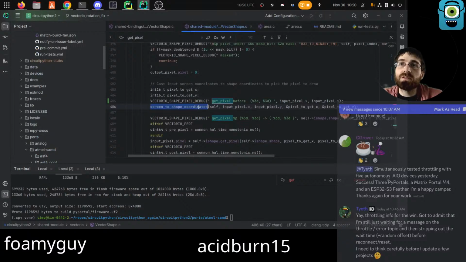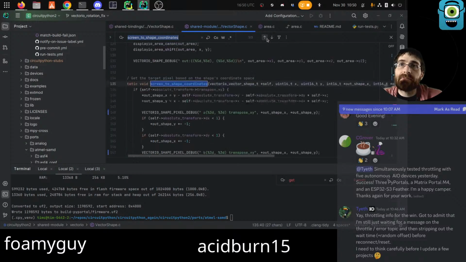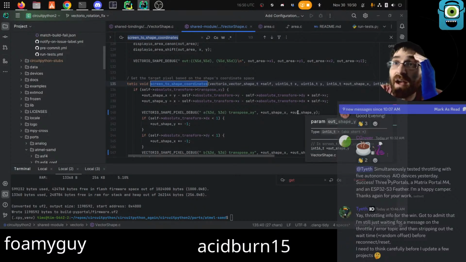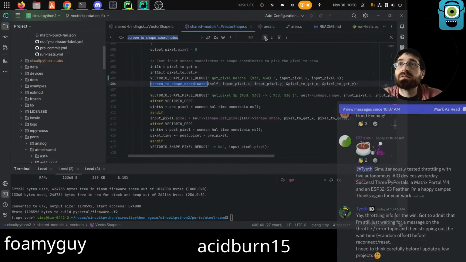And then we went inside of here. So A is outshape, which got passed to us as pixel to get.